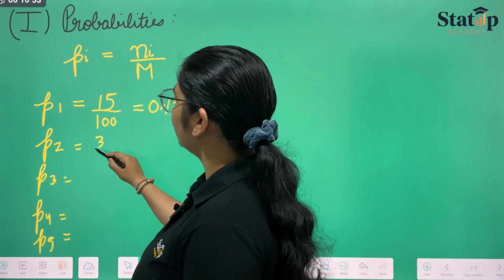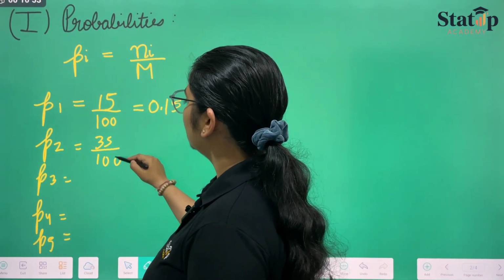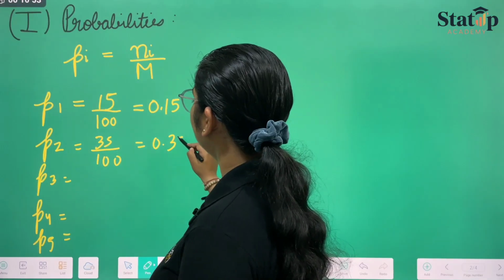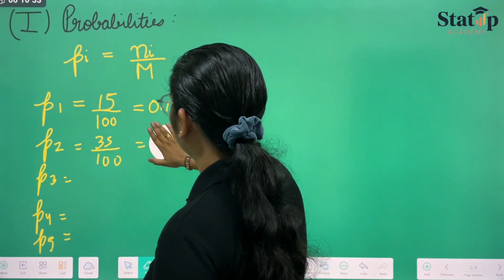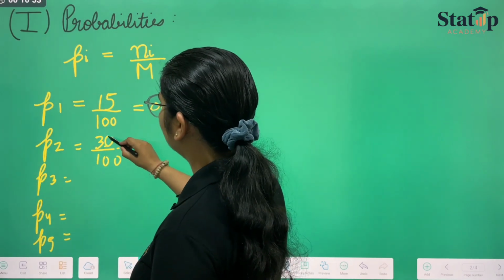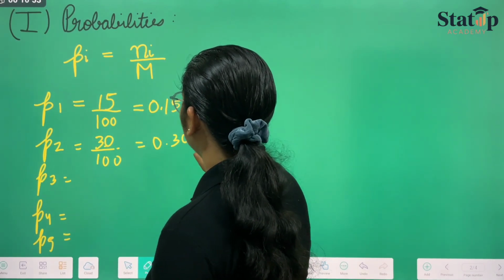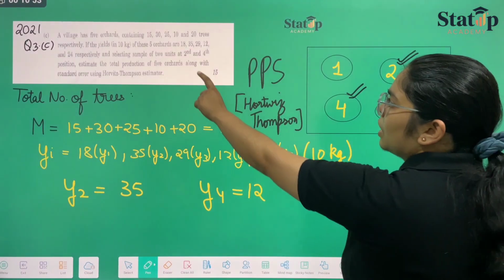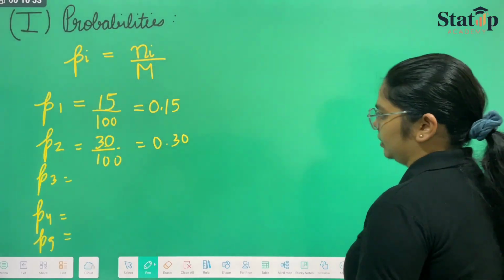Which is 35 upon 100 equals 0.35, 30 upon 100 is 0.30, then 25, 10 and 20.